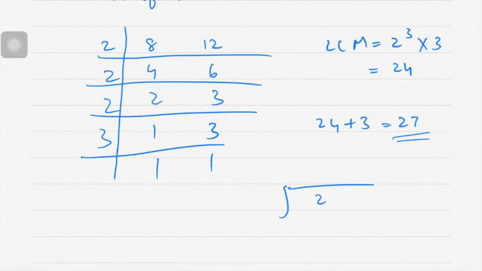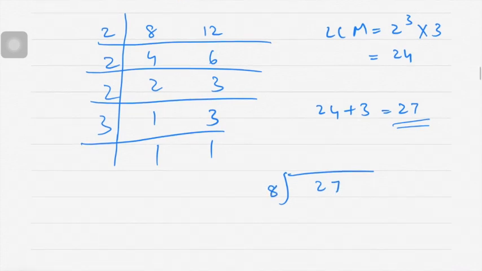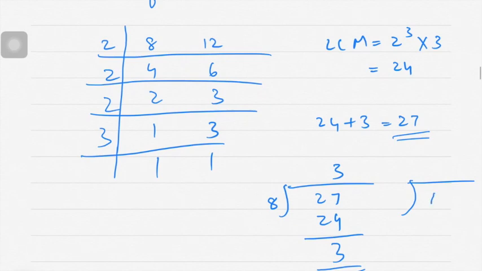So, when I divide 27 by 8, 8 3s are 24, right? So 3 is the remainder. Or 27 divided by 12. 12 2s are 24, and again 3 is the remainder, right?